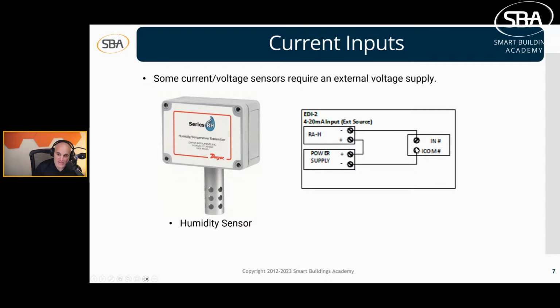And that will then give us this 4 to 20 milliamp. There's a reason we do resistance. It provides less interference. It also provides us the ability to have a longer run. So if you have to run a sensor across a central plant and there's a lot of electrical interference, you may choose 4 to 20. Plus 4 to 20 gives you some failover capabilities, which we'll talk about in a future episode.